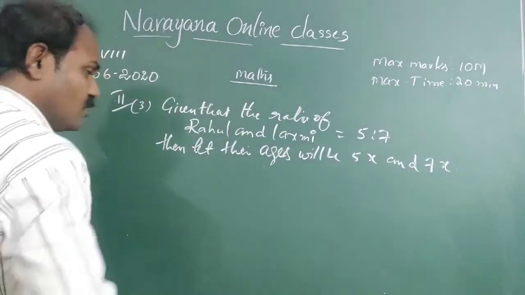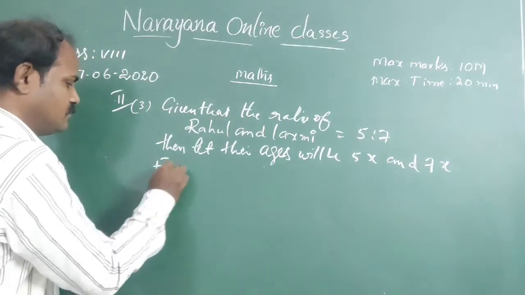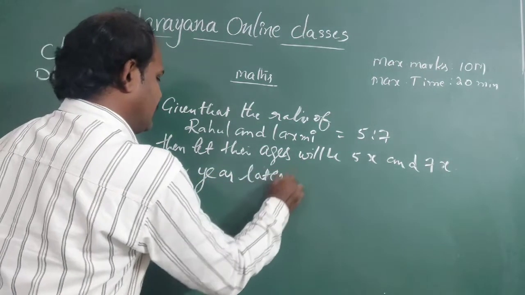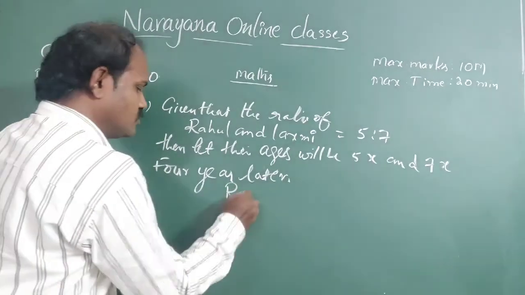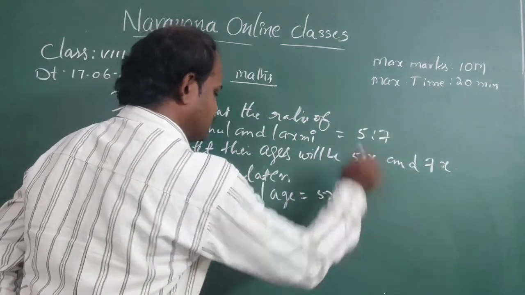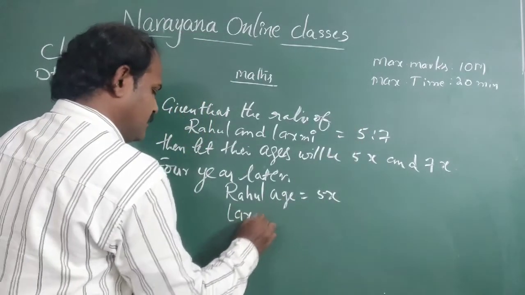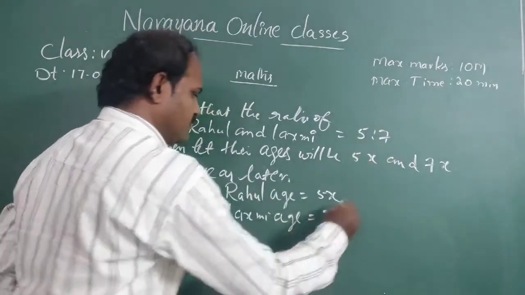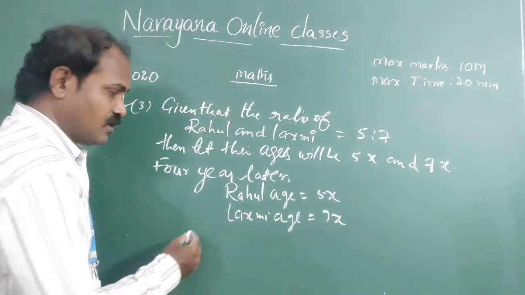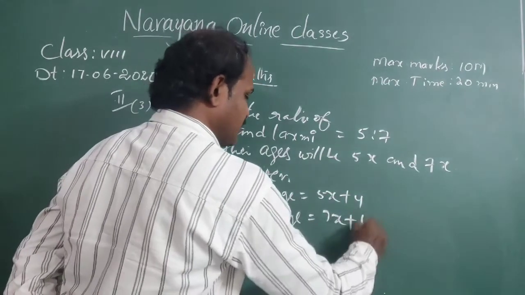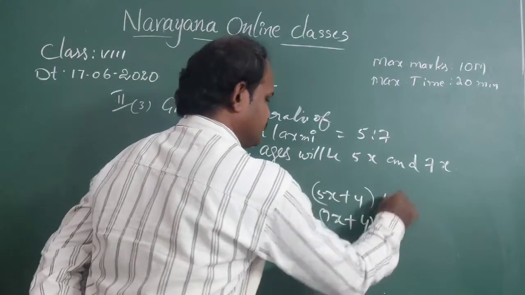Okay, children. 4 years later, Rahul's age is equal to 5x plus 4 years, Lakshmi's age is equal to 7x plus 4 years.